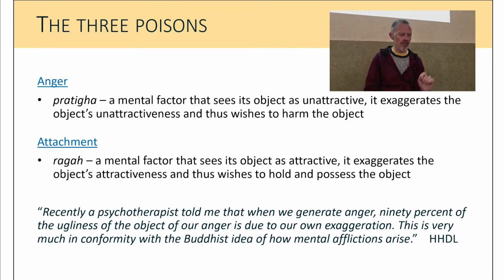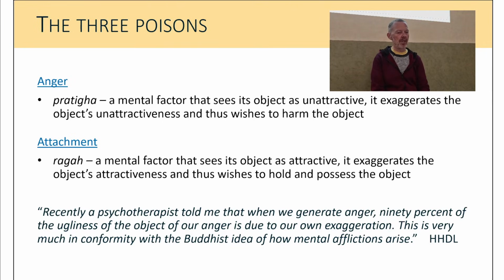Attachment, in Sanskrit, raga, is a mental factor that sees its object as attractive. It exaggerates the object's attractiveness and thus wishes to possess and hold the object. Why? Because attachment believes that object is the source of our happiness. So what we see here in both of these definitions is this factor of exaggeration, of distortion.